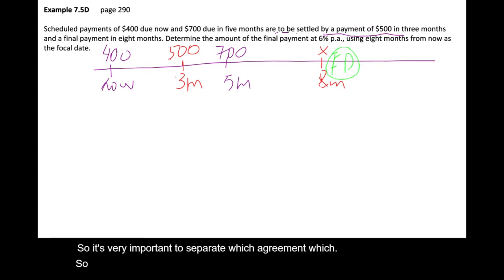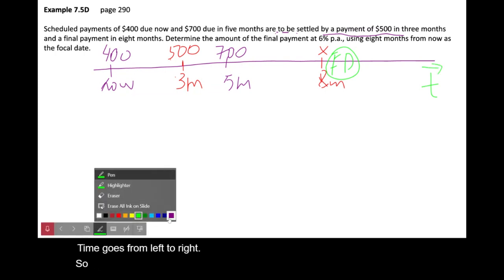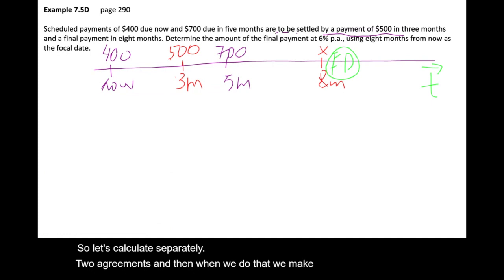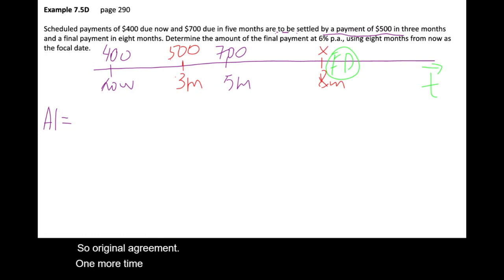So focal date is here. Time goes from left to right, right? So let's calculate separately two agreements. And then when we do that, we make them equal. So original agreement. One more time, guys. How many payments do I have in original agreement? 2, right? So 400 first.